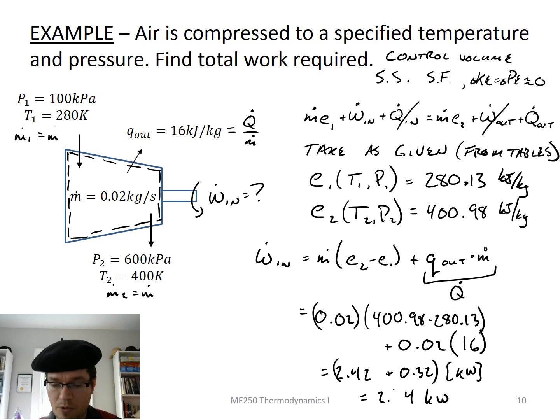Obviously, depending upon what you're driving it with, you might need a motor that can provide more, because the motor might not be perfectly efficient, and you're obviously going to need even more electricity than that, because the windings in the motor are not going to be 100% efficient, and so they all compound on each other. But that is the work at the shaft that is necessary to take air from P1T1 to P2T2 while overcoming the loss Q out.